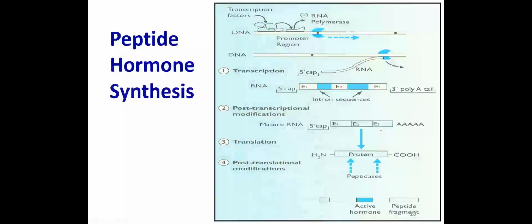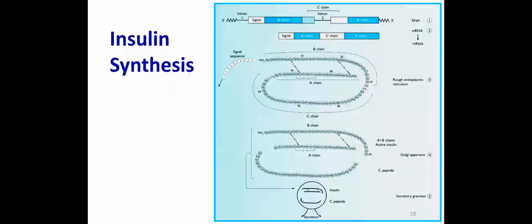Okay, so this was the process of hormone secretion and producing hormones. And this was the process that was specific to insulin synthesis. And remember, insulin is made of this A chain, B chain, and C chain.